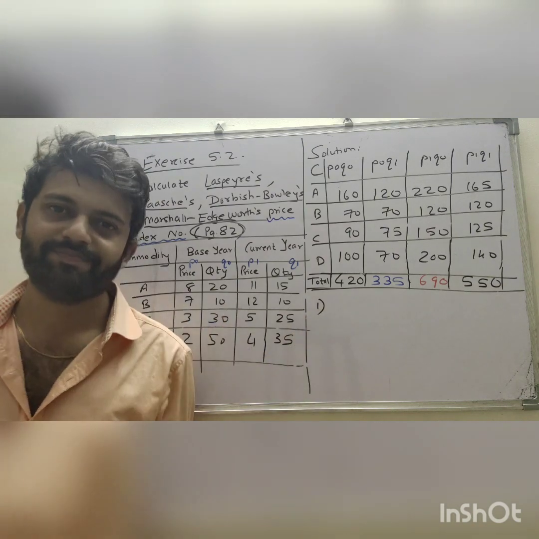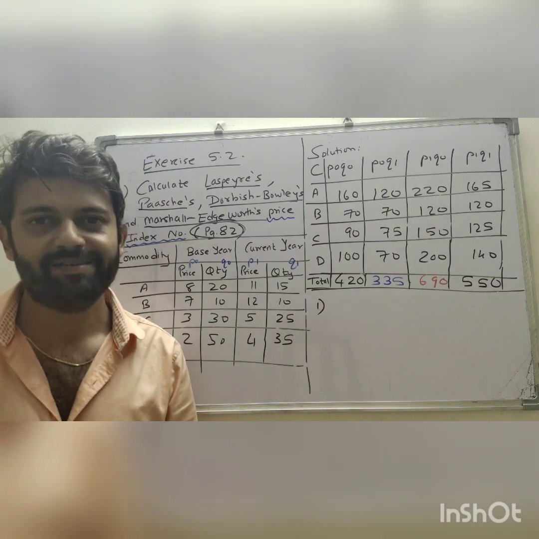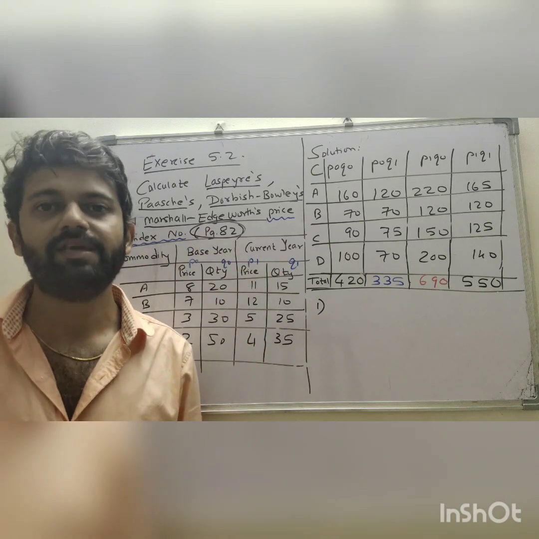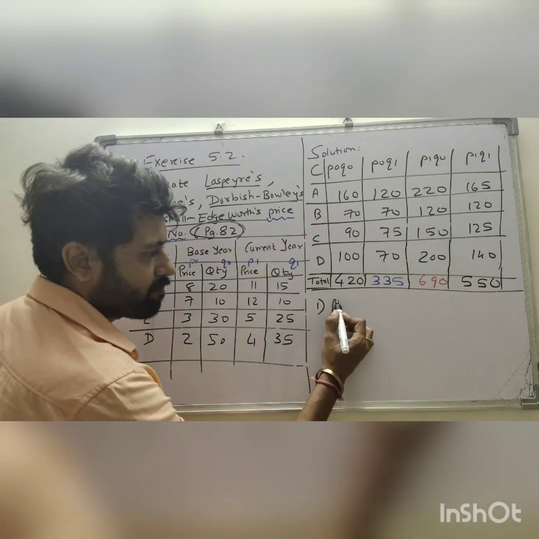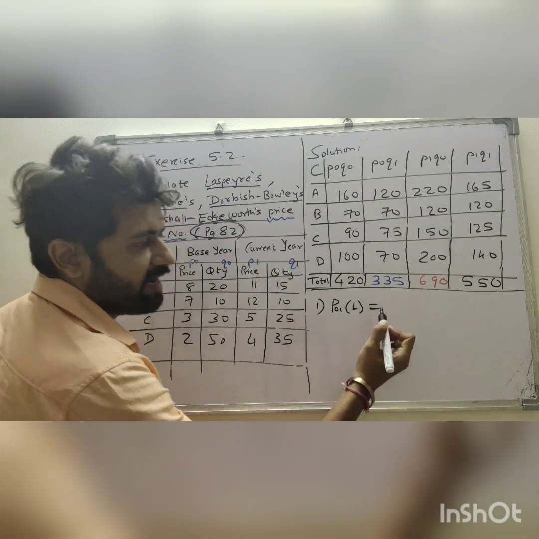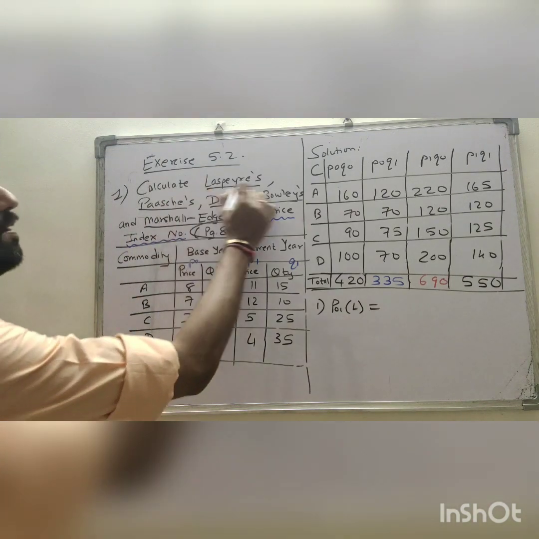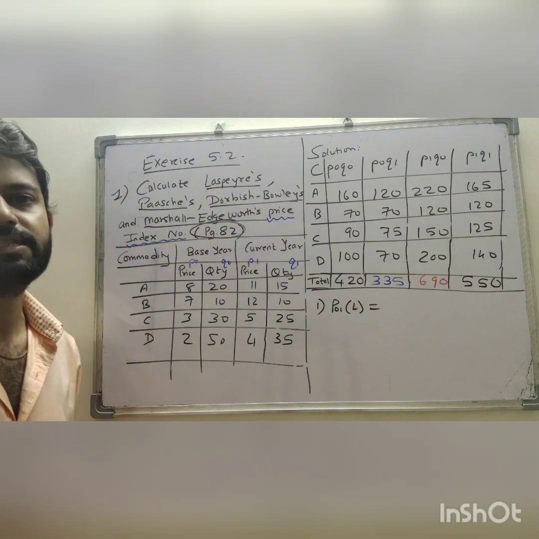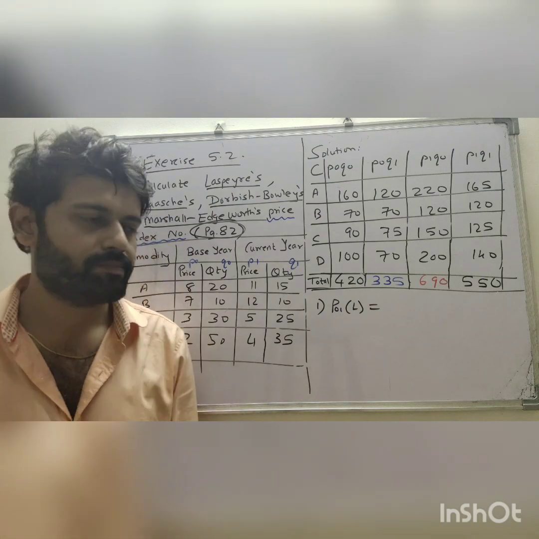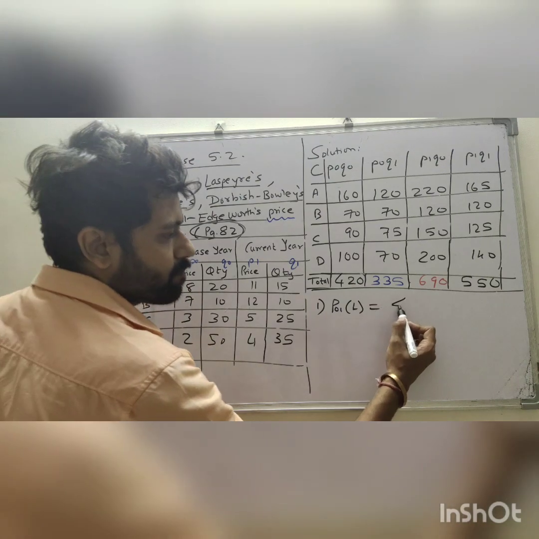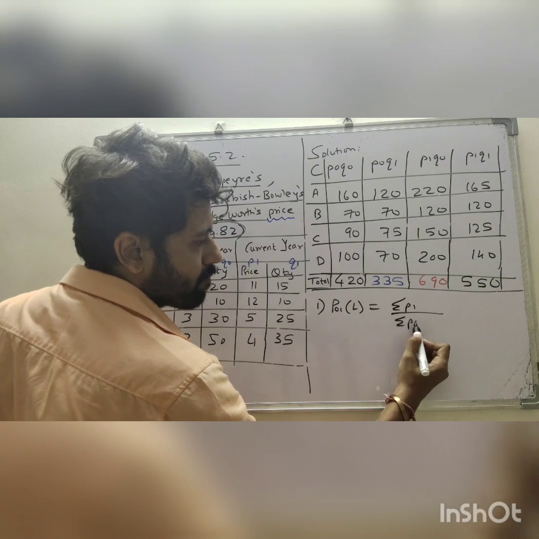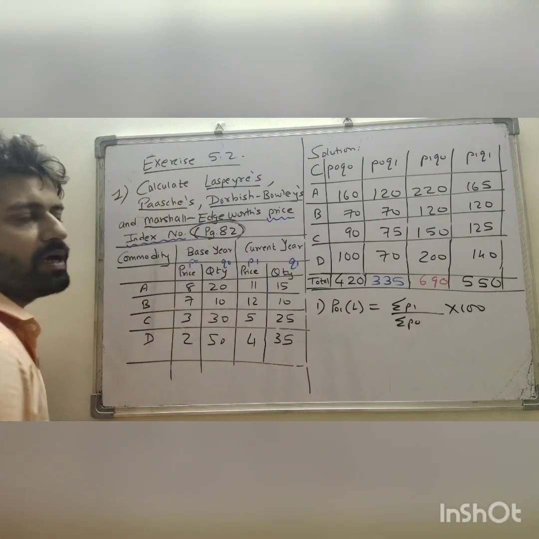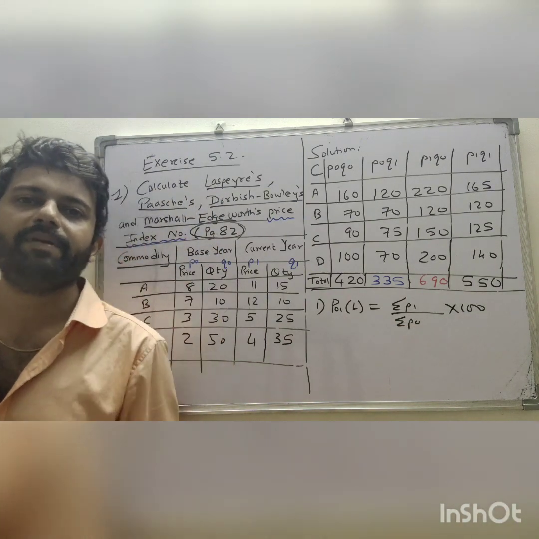The first formula, the first price index number is Laspeyres. We write like this. If you want, you can mention Laspeyres' price index number as the heading also. Remember, this is simple aggregate method.